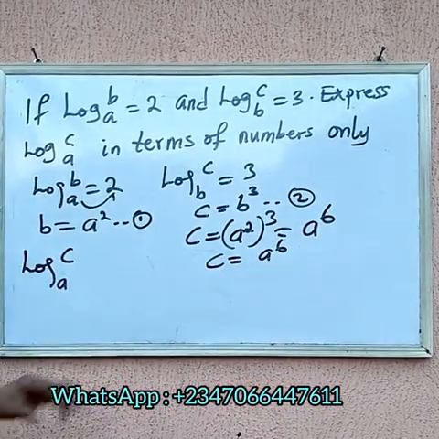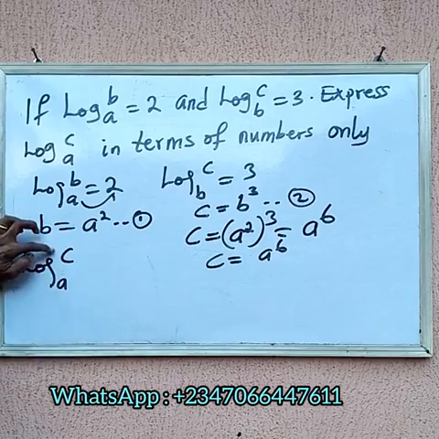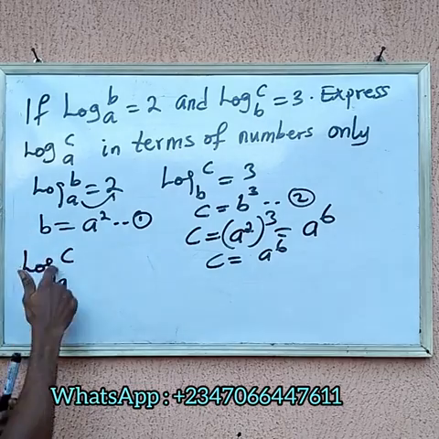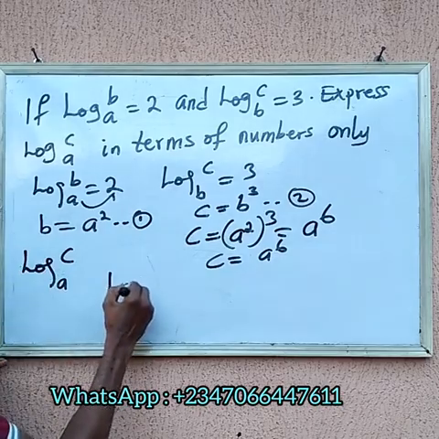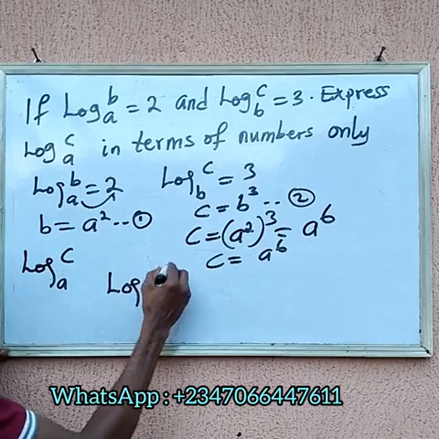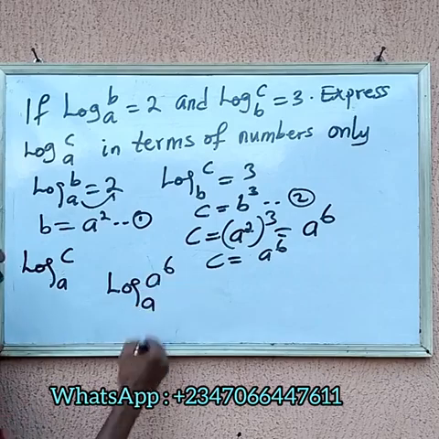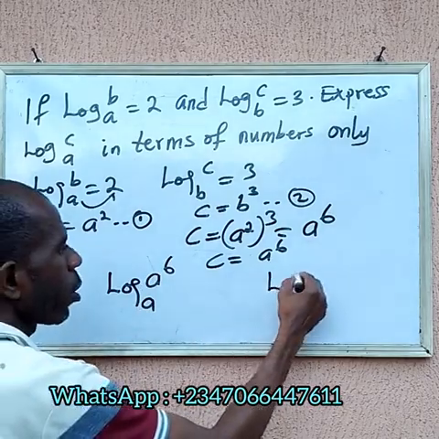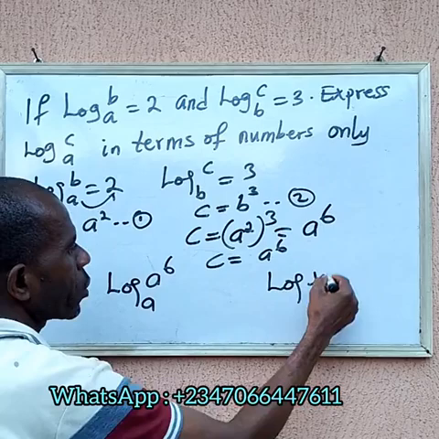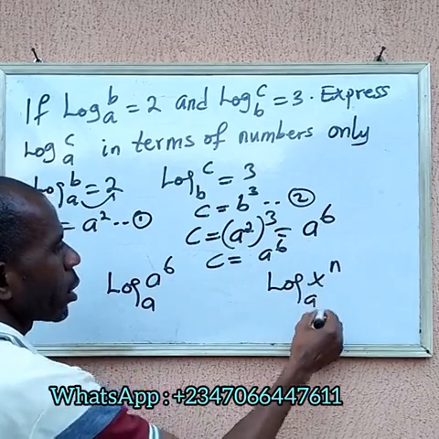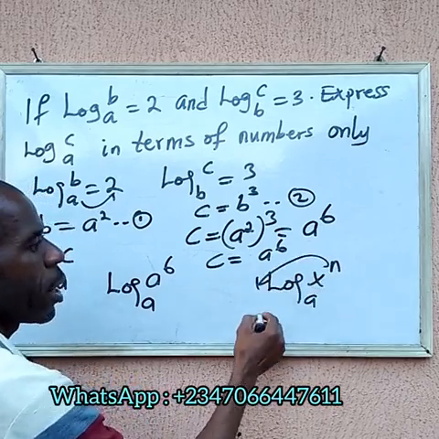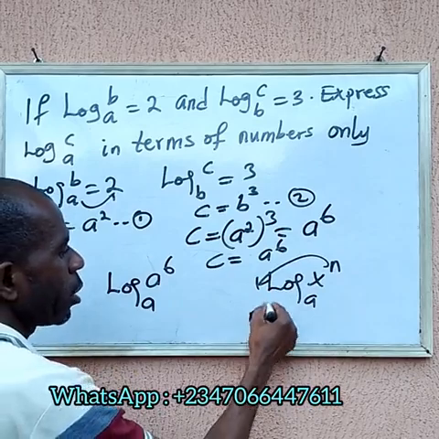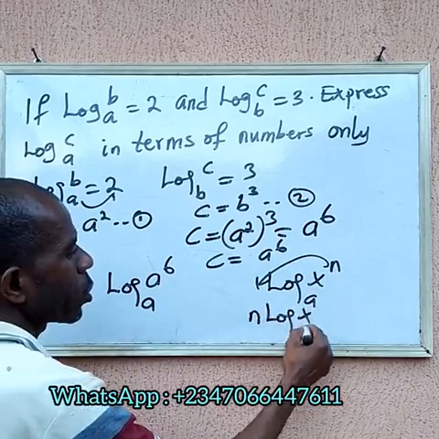Now let us put this into this expression so that we can simplify. It becomes log a raised to power 6 to base a. And remember the law of logarithm: if I say log x raised to power n to base a, this exponent will multiply here, becoming n log x to base a.